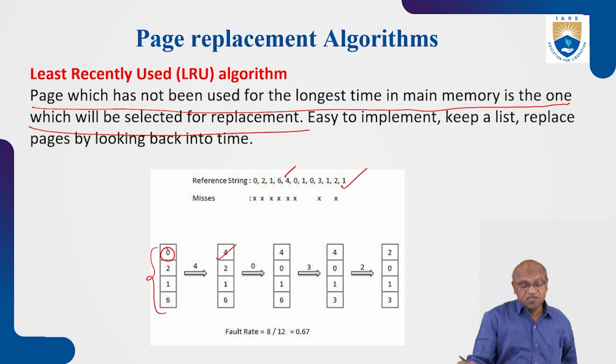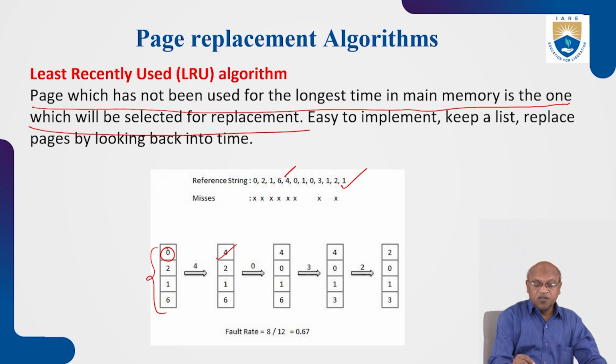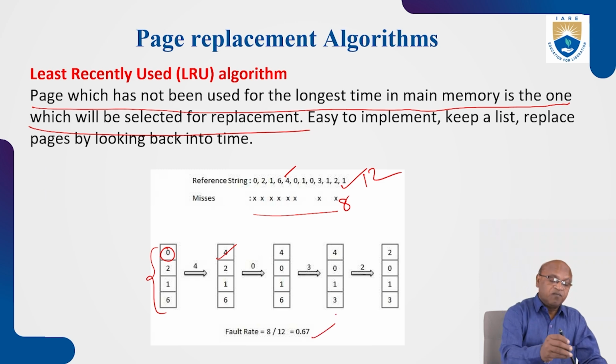We replace this page as per the condition, and these are the page faults. If you calculate the page fault rate, total misses are 8 out of 12. So 8 by 12, 0.67, is the fault rate.